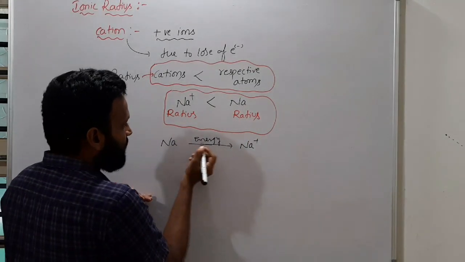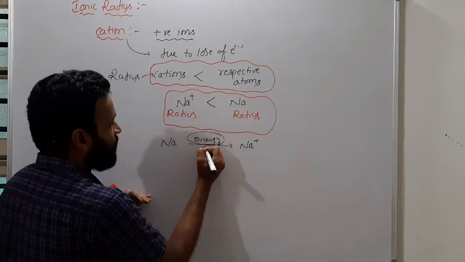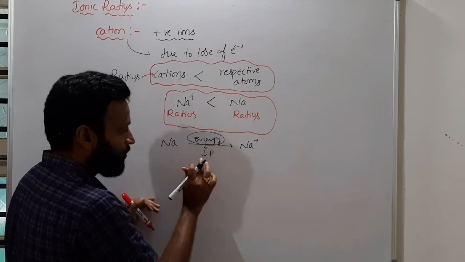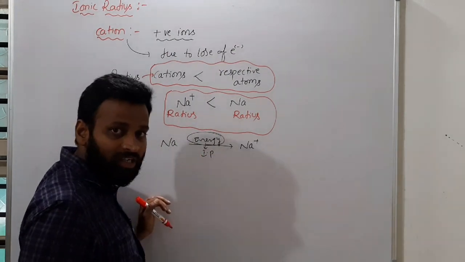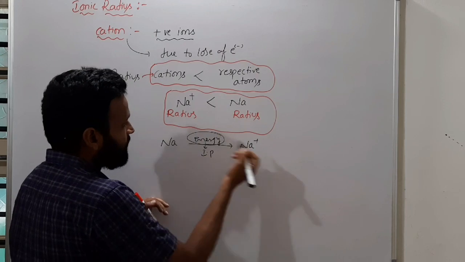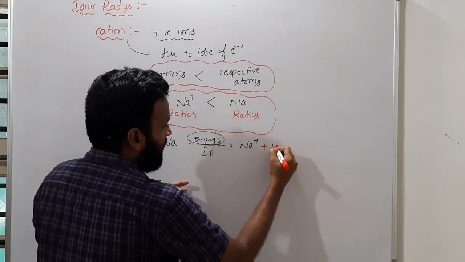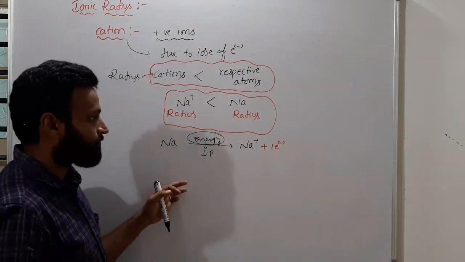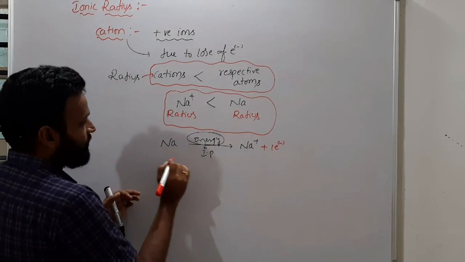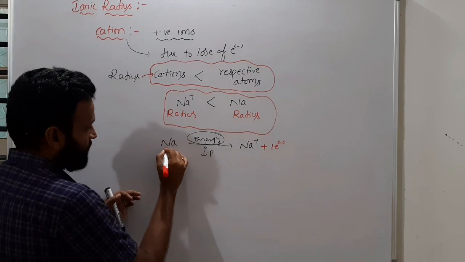Don't think about ionization potential right now. Sodium loses an electron by taking some energy and forms Na+.